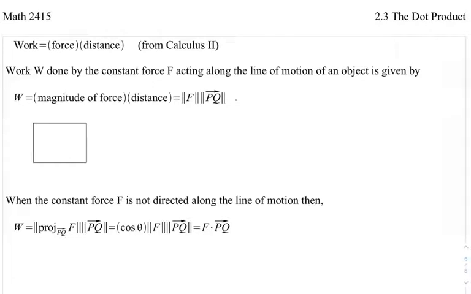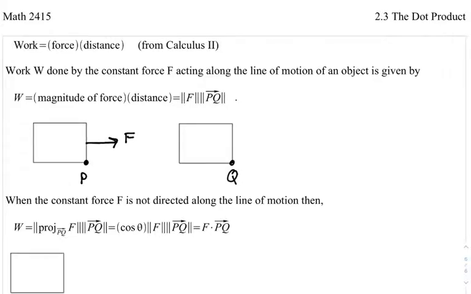Work W done by a constant force F acting along the line of motion of an object is given by W equals the magnitude of the force times the distance, or the magnitude of F times the magnitude of PQ, and that would be the distance. We'd find the distance vector there. So we'll just take a box here. There's P and Q, and our force we're applying there, and that's the situation we have.